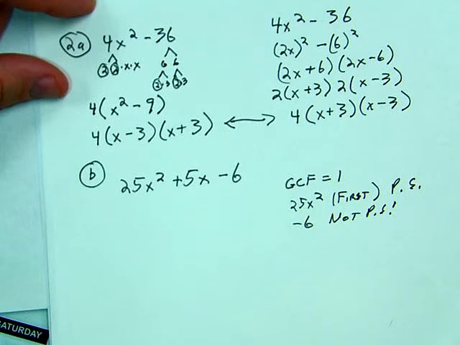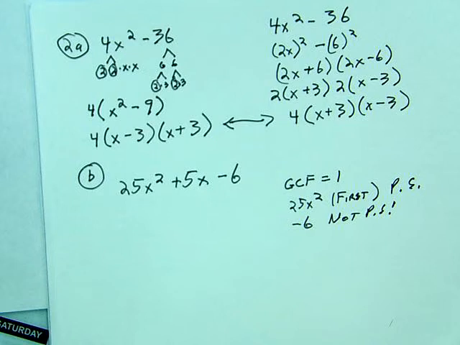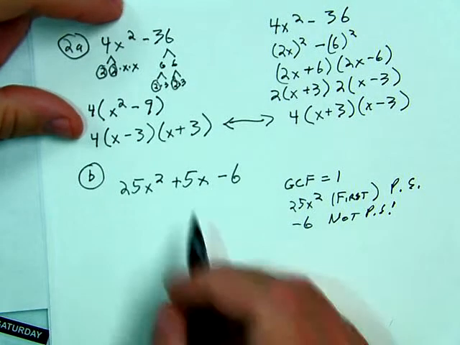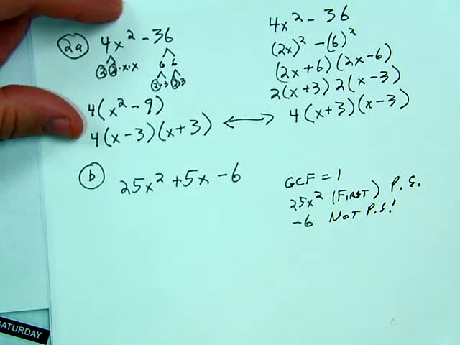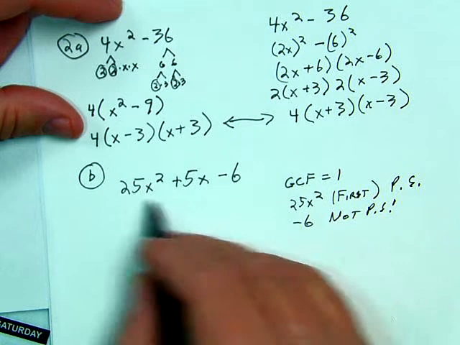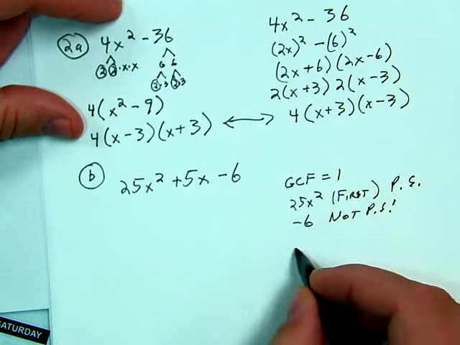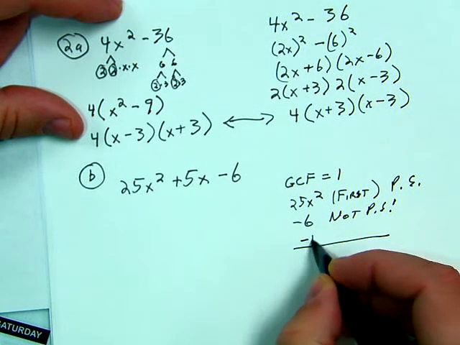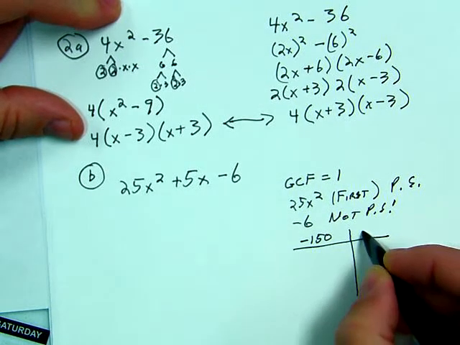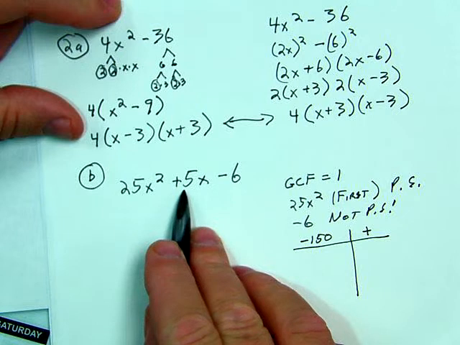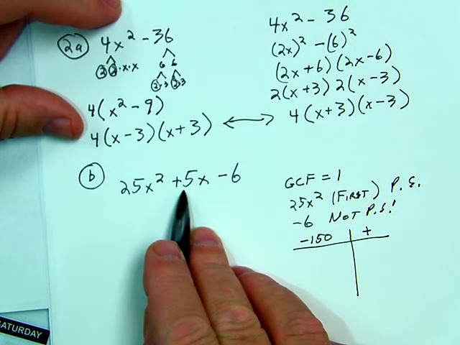So now I'm going to have to use my factoring table in the form of ax squared plus bx plus c. So if I use that factoring table, a times c is 25 times negative 6. So I'm going to be looking for a negative 150. And when they add up, they have to add up to 5. Right?